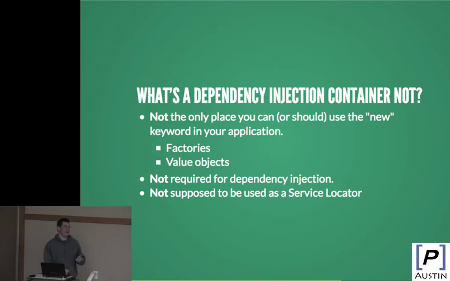A $100 bill over here is the same as a $100 bill over here. You don't necessarily need to force every single new keyword to be used within your dependency injection container. It's an important distinction that if you're doing applications right, you still may have new keywords other than in your dependency injection and service layer.